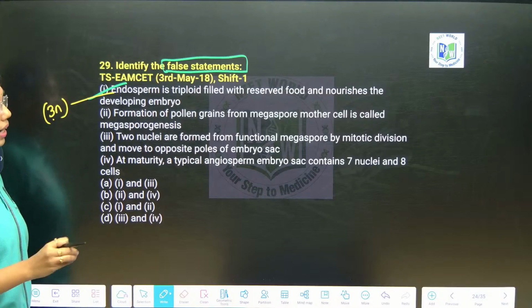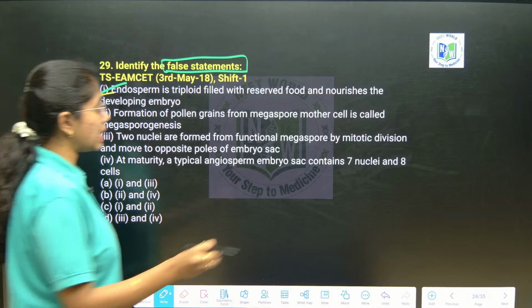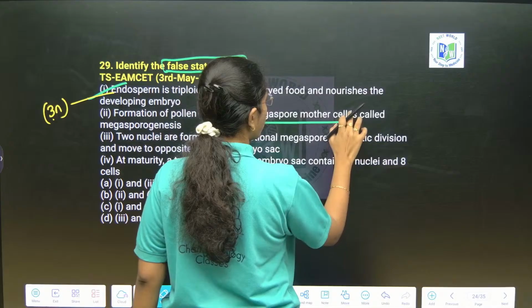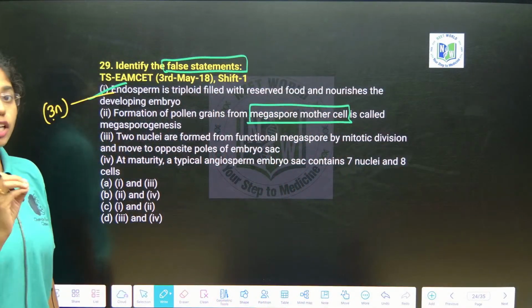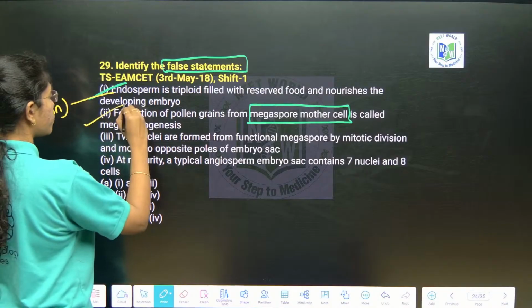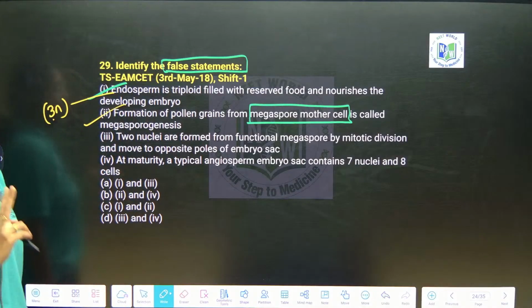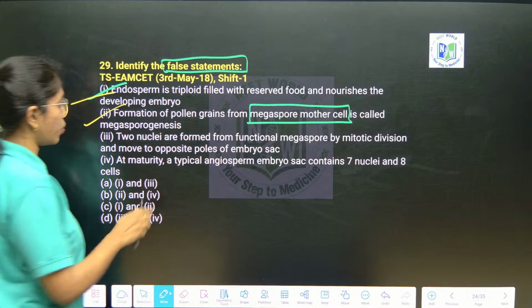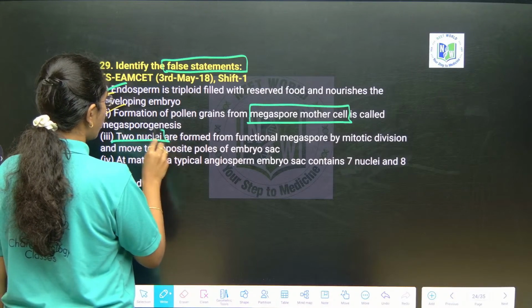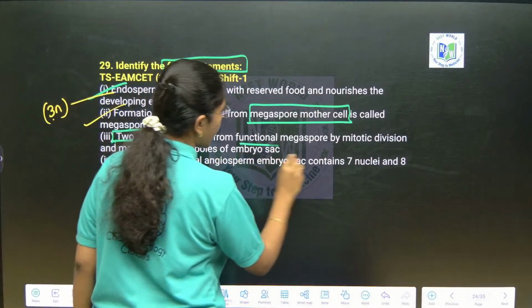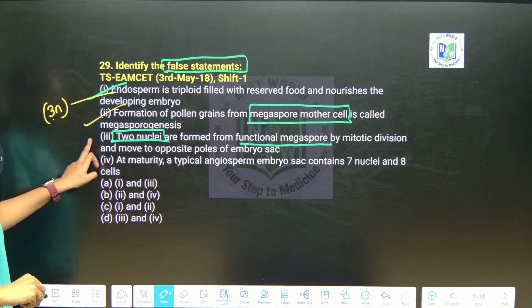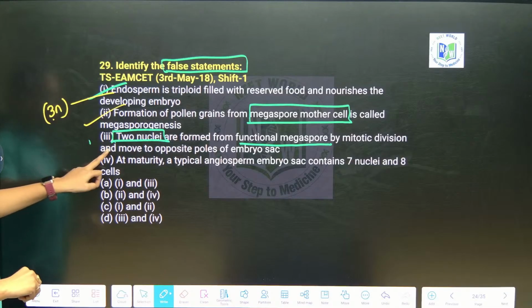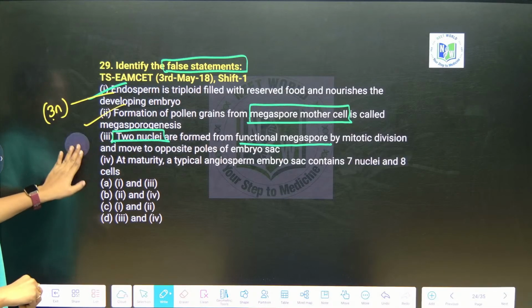Formation of pollen grains from megaspore mother cell. Formation from megaspore mother cell is called what? Megasporogenesis. True. 2 nuclei are formed from the functional megaspore by mitotic divisions. Wrong. And they move to the opposite poles of the embryo sac.